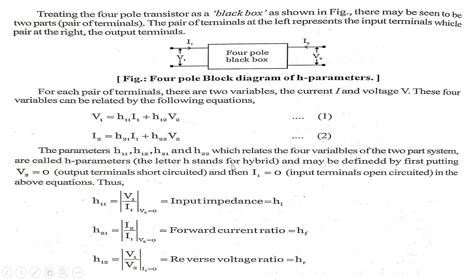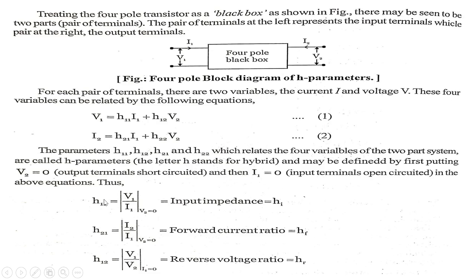The letter H stands for hybrid and may be defined by first putting V2 equal to 0, output terminal short circuited, and then I1 equal to 0, input terminal open circuited.